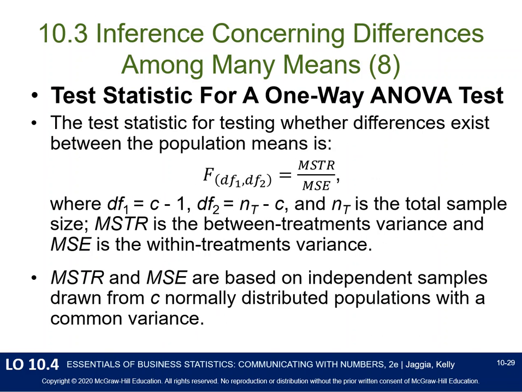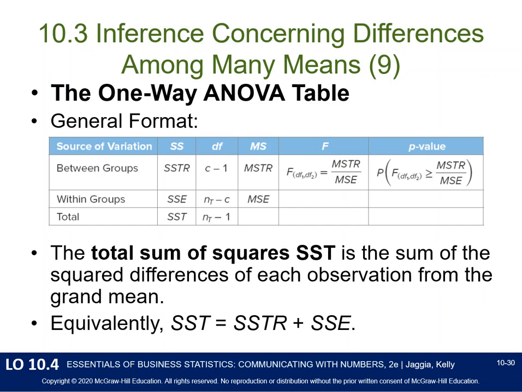So again, here's our formula for our F distribution, where MSTR is the between treatment variance and MSE is the within treatment variance. We'll see that in our Excel output.